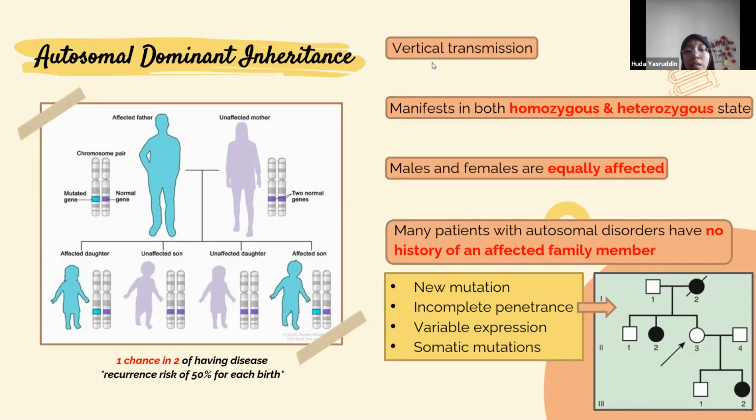And the second, incomplete penetrance. You can see it in the image on the right below. At the first generation, there is an affected male, and then he married, and the offspring, the male, is affected.